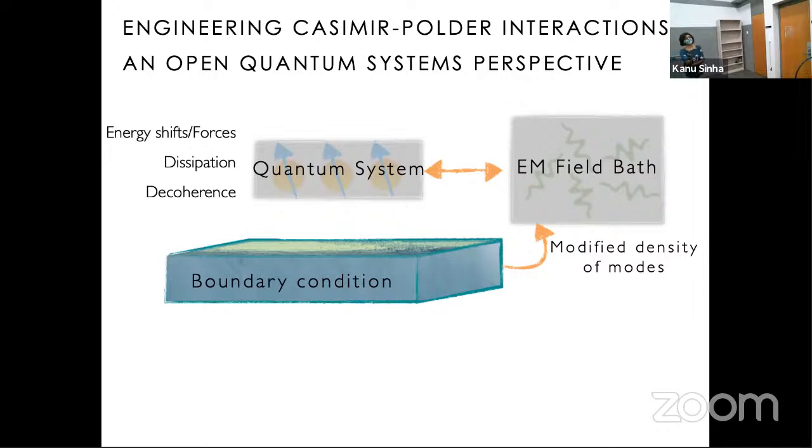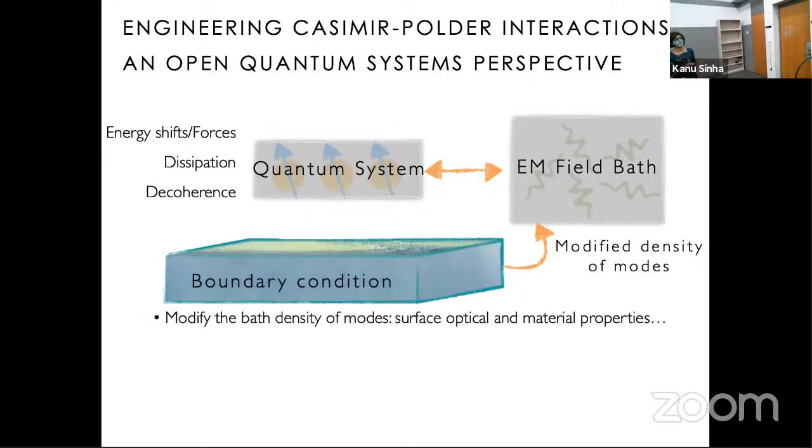As the system and the bath interact, there are all these fluctuation phenomena that happen, such as energy shifts or forces, dissipation, and decoherence. And these are the aspects that we'd like to have some control over. So in this picture, one can see how one can modify all the fluctuation phenomena, for example, by modifying our density of modes of the bath using surface optical or material properties or geometry.